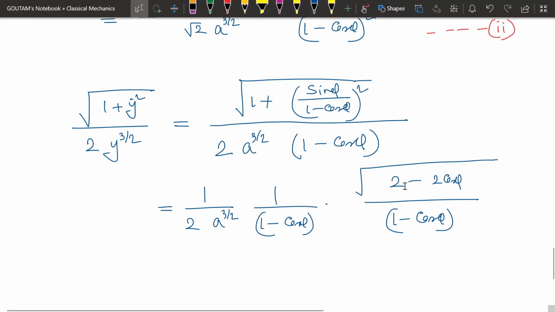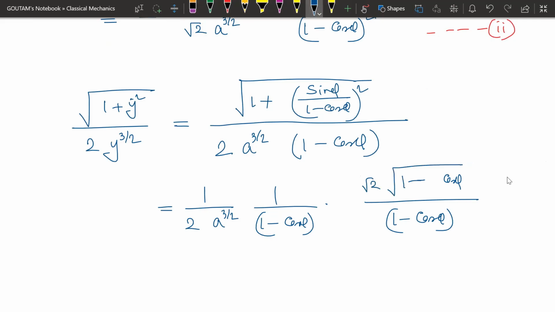And if we take this 2 outside, then there will be a root 2 times root under 1 minus cos phi. This root 2 and this root 2 cancel, so as a result, there will be only one root 2 in the denominator.